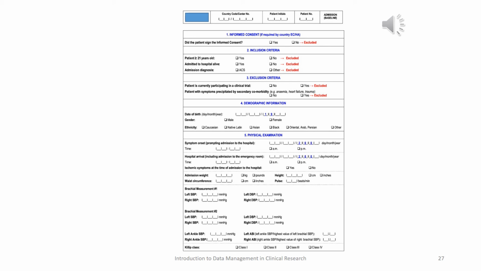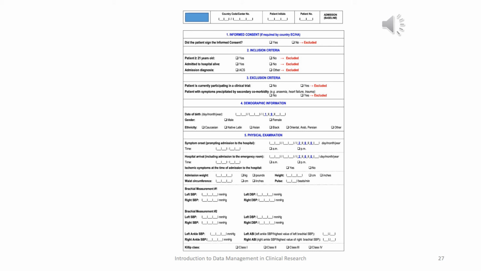Date they signed could be June 10th, 2014. We might want to put the time that we signed, or what would be even better would be a field that says patient signed consent form prior to completing any trial-specific procedures. Please check yes or no.